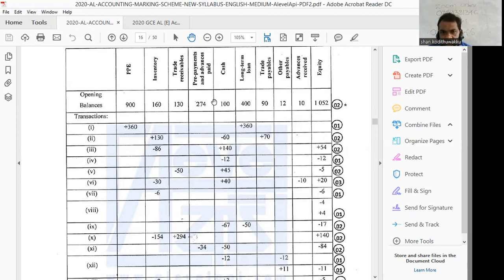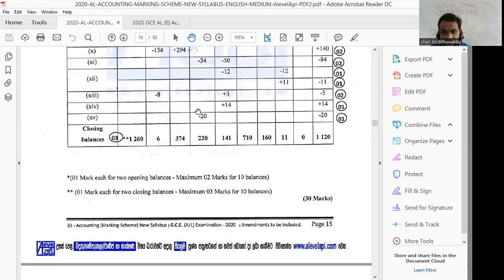Therefore, in this value, rent paid in advance 240 plus salary advance paid to employees 34. As we have already completed only 1 month, out of 240, we can deduct only 20,000 which is related to the month of January. Therefore, we can deduct only 20,000 rupees from the opening balance 240. This 20,000 rupees is related to the month of January.